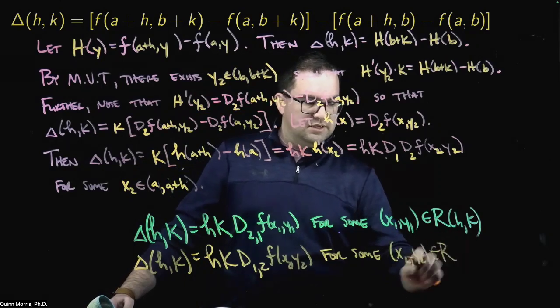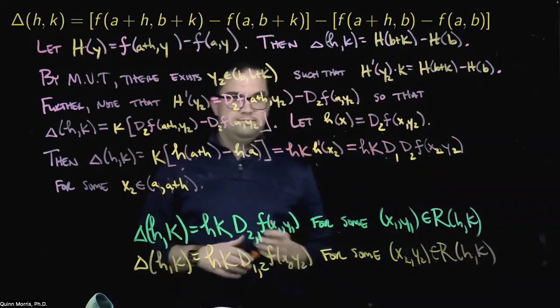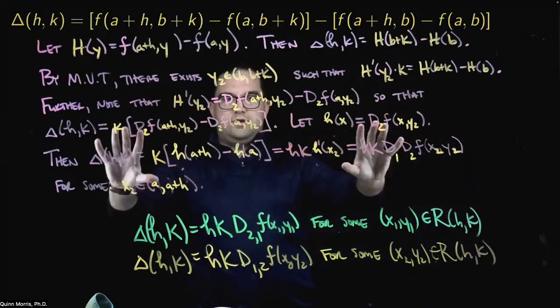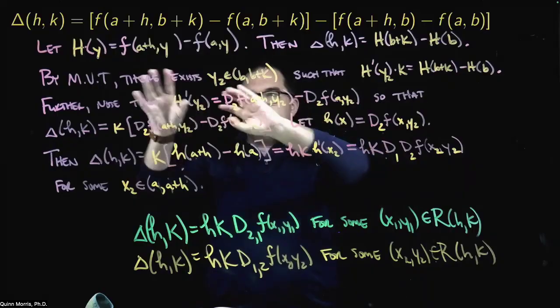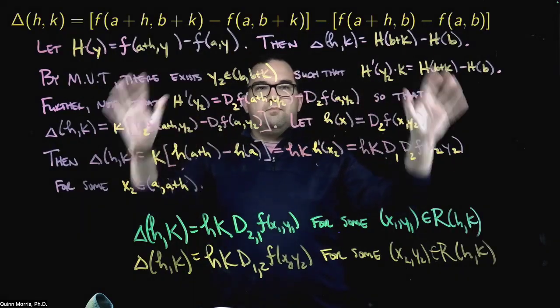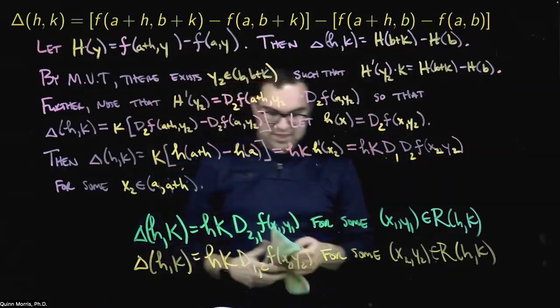And again, because of the conditions on x2 and y2, they're also in this rectangle RHK. All right. So all of this work that we've done. So first, notice that yes, we've changed the names of a lot of the variables and slightly redefined some of the functions, but fundamentally the proof is the same. You're just using the two different formulations of delta HK.